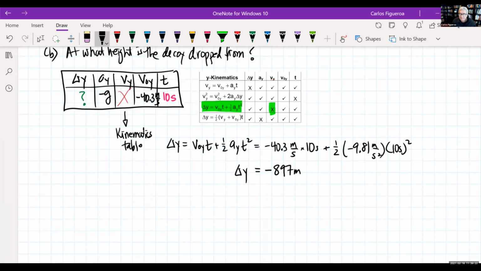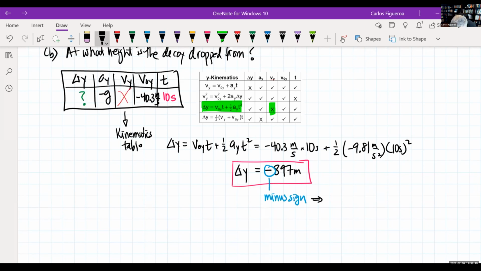That's my y here. Now, one of the things that you should note is that when I look at this number, there's two things to recognize. The first thing that you should recognize is that I have a minus sign. What does that minus sign mean?